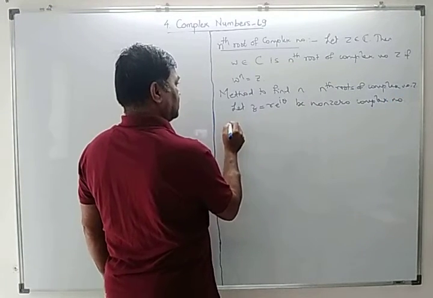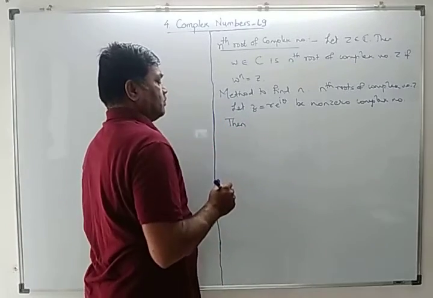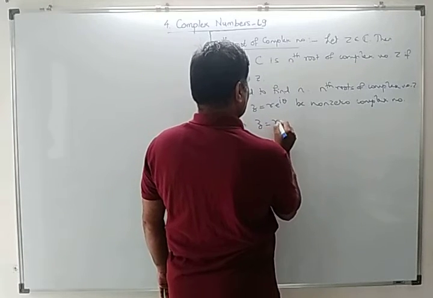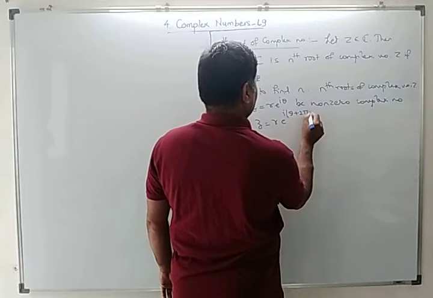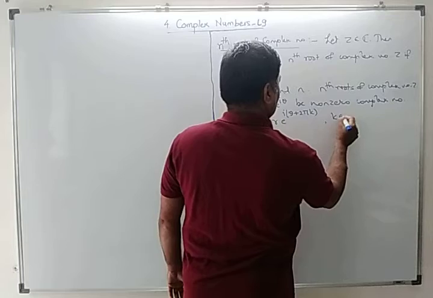Then z is equal to r into e raised to i times theta plus 2 pi k, where k belongs to Z.